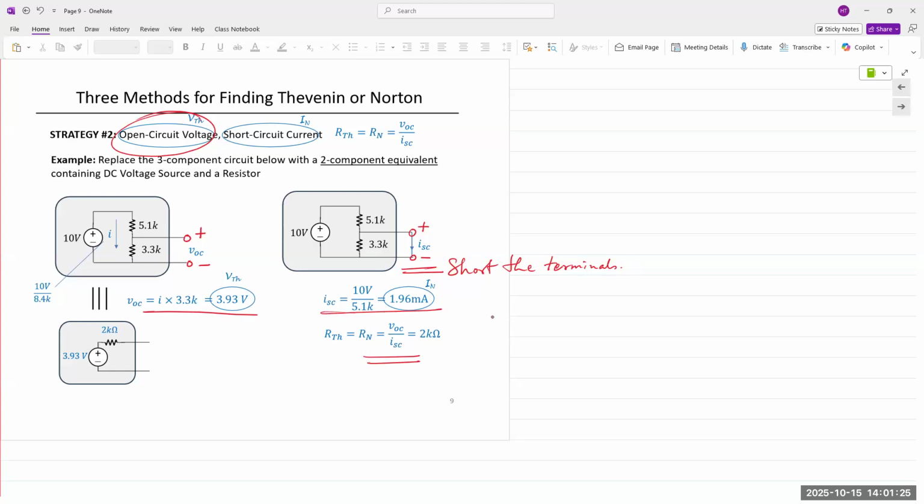If you use two of these quantities to find the third, we need to be absolutely certain that those first two quantities are correct in value, right? Because if one of these two quantities is incorrect, then your third one is also incorrect. Does that make sense? And so we want to have the skill and the knowledge to be able to find all three quantities independently, and then we can verify our answers.